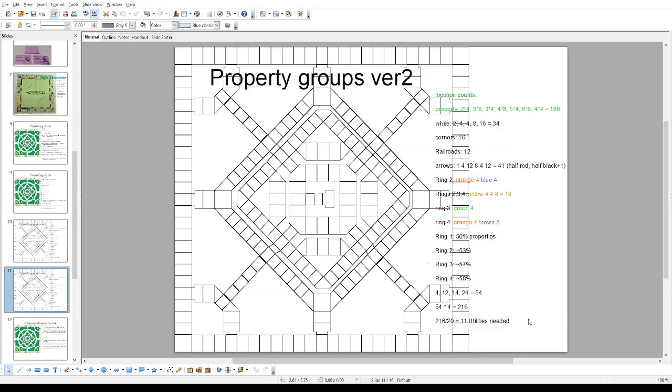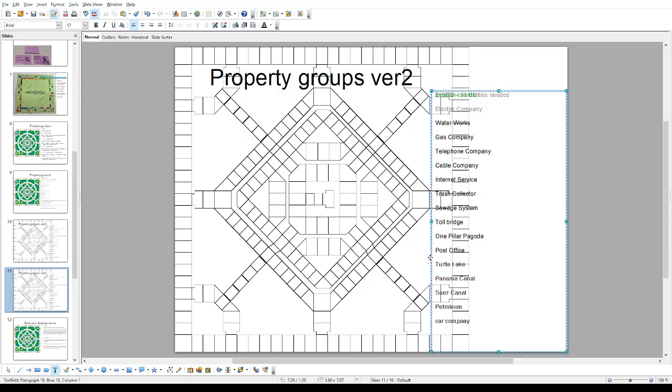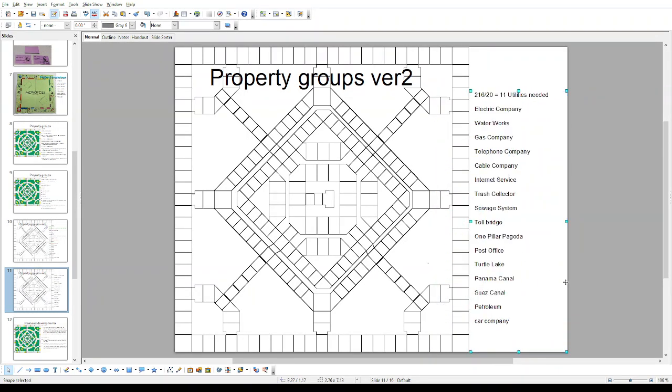All right, duplicated slide. Delete all this. So here is the list of options that I came up with. Is this the final list? No, of course not. This is just ideas.